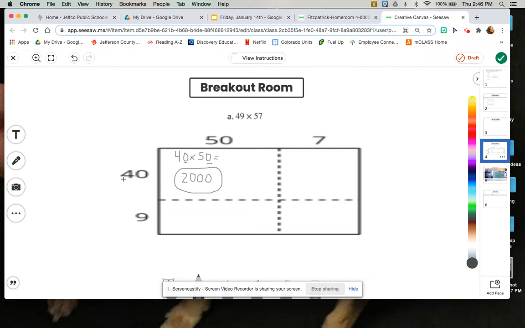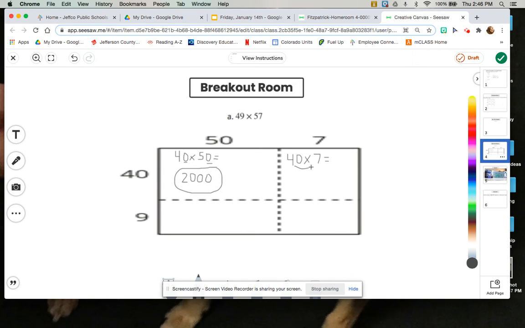And then our next equation is going to be 40 times 7. So you just come on over here. 40 times 7 equals, and again, 40 times 7 is really hard, so I've taught students how to multiply using placeholders or multiply by tens, okay?